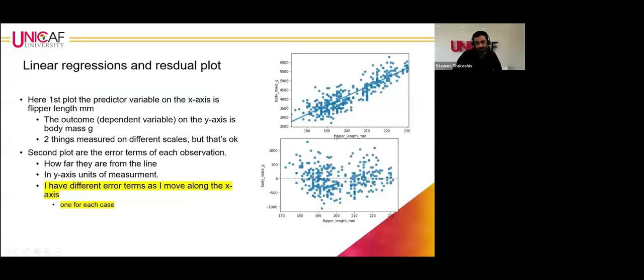Flipper is some part of the body of the penguin, measured in millimeters. Right, and I want to predict the penguin's body mass in grams from their flipper length. These measurements are in different units of measurement, but that's okay for regression, it doesn't matter.